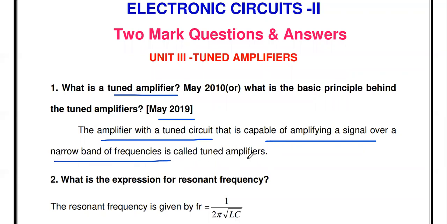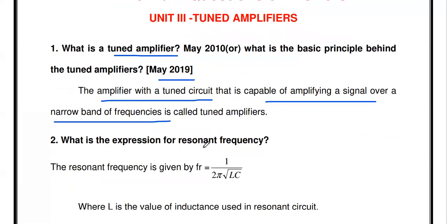The LC tuned circuit is connected in the collector terminal, so that circuit is capable of amplifying a signal over a narrow band of frequencies. It is called a tuned amplifier.